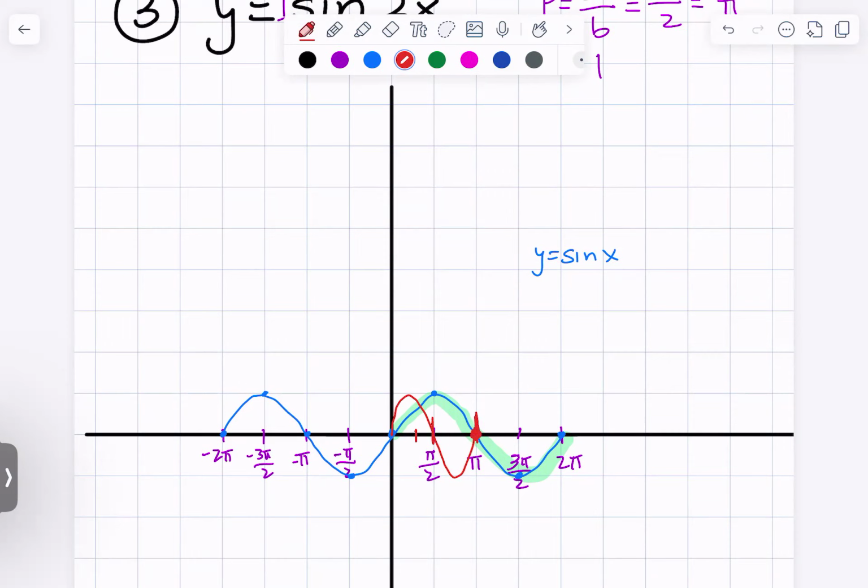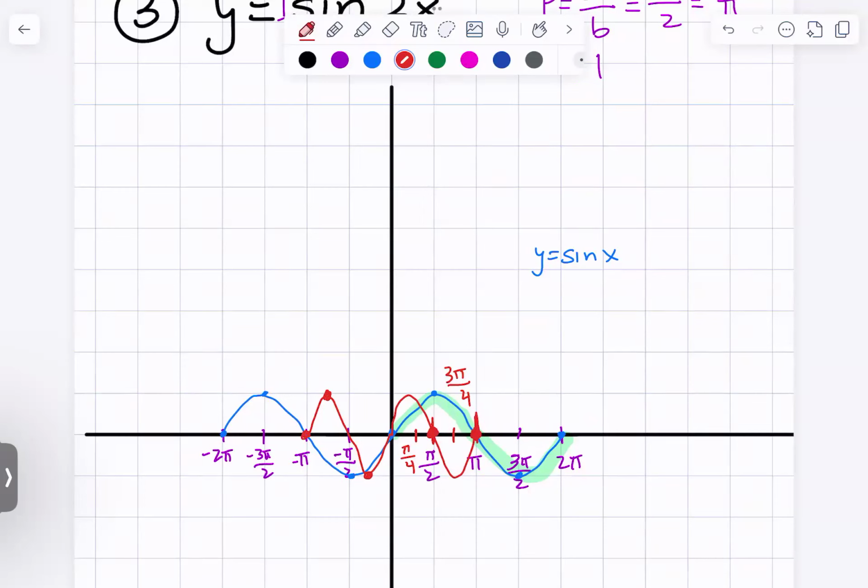Half of pi over 2 is actually pi over 4. Pi over 4, this would represent 2 pi over 4 or pi over 2. This would represent 3 pi over 4. Okay? This one would look like this, right? At that point and at that point.